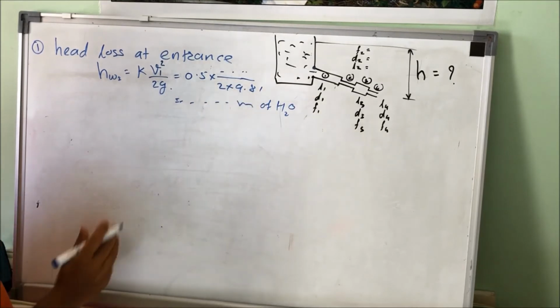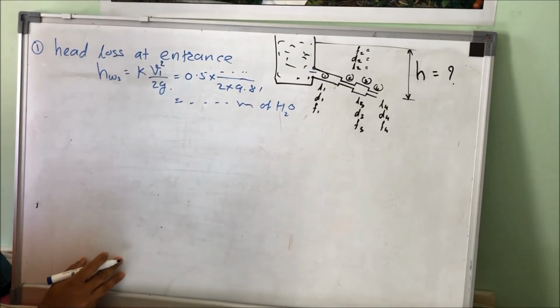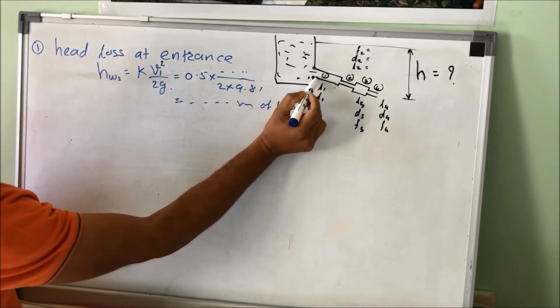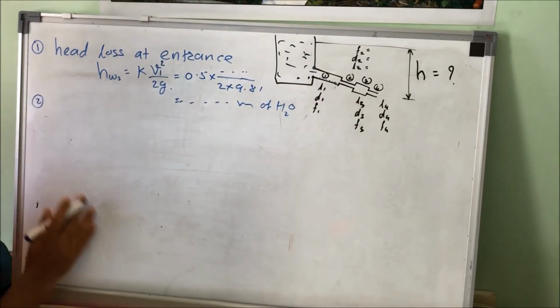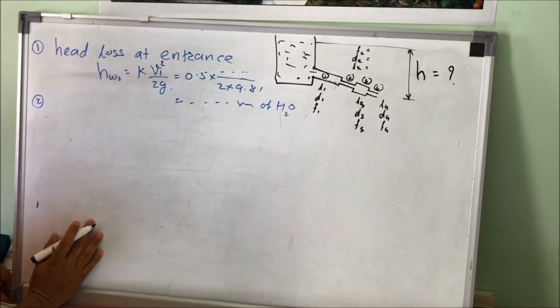H2. Okay, so the entrance is finished. Now as the water flows over this pipe, there is a head loss, and this is due to friction. So our experiment number 4: head loss due to friction factor by Darcy.